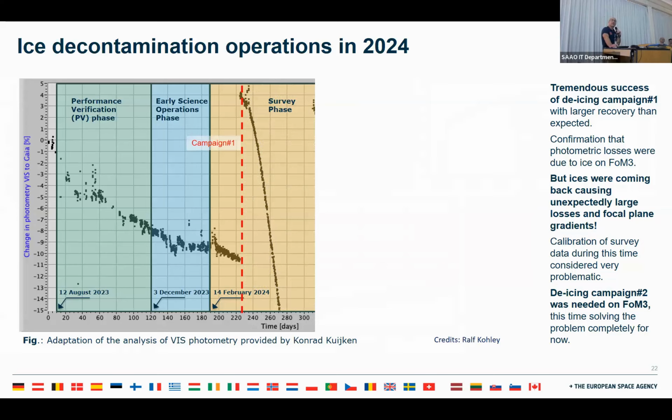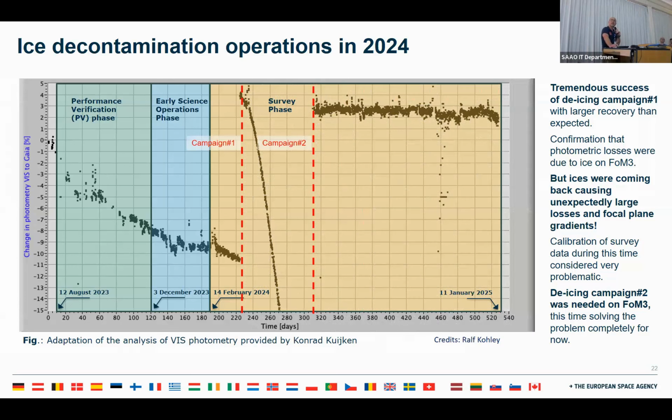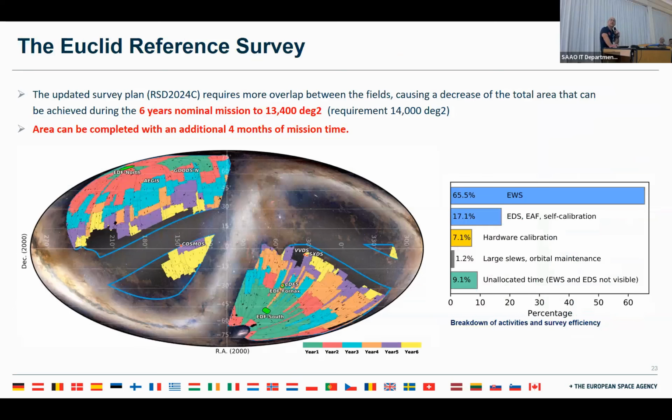And the reason for that is still not completely clear, but we had to implement again a decontamination campaign, now with only mirror 3, so only one optical element. And since then, in almost 8 months, we didn't have any problem with losing throughput. So the contamination management did work quite well.